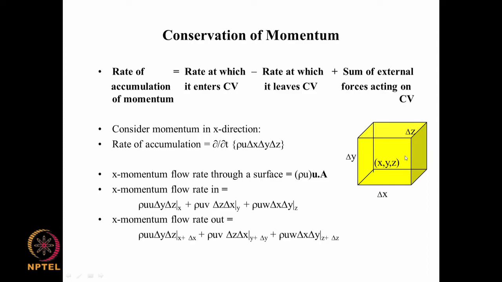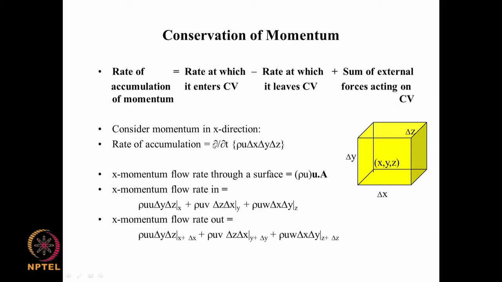So essentially we are looking at fluid properties of density and velocity components changing in the entire fluid domain, and what is the property in terms of density and velocity of the fluid which is occupying this particular control volume.